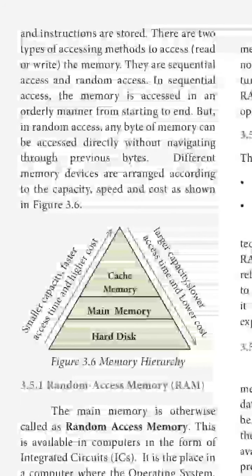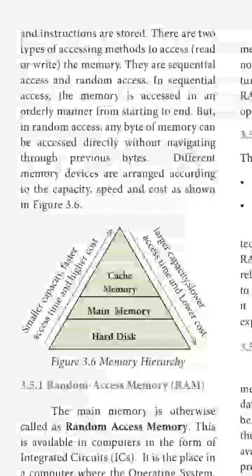There are two types of accessing methods to access the memory: read and write. There are sequential access and random access. In sequential access, memory is accessed in orderly manner from start to end, but in random access, any byte of the memory can be accessed directly without navigating through the previous byte.